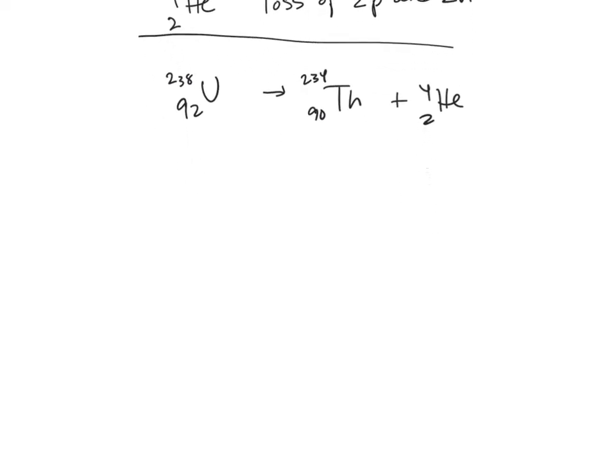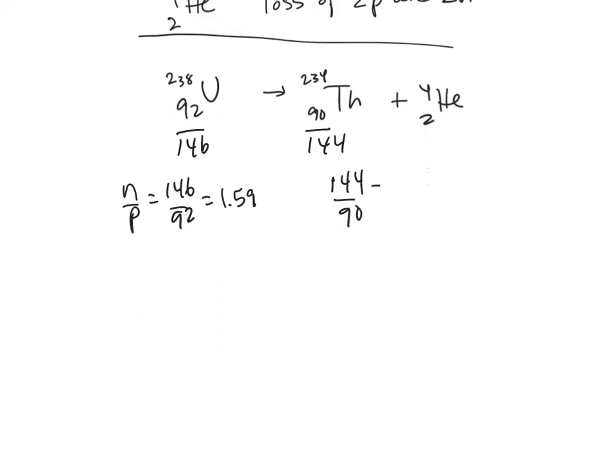Then you have the difference here 146, the difference 144, N over P is 146 divided by 92, 1.59. Then if you look at 144 over 90, that is 1.60. That is a very small change compared to the other changes that we've seen.